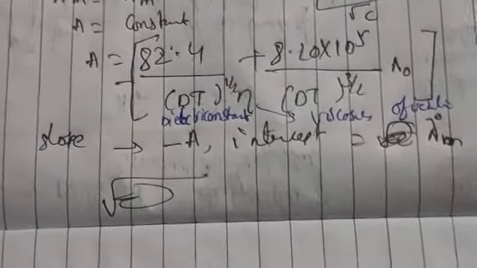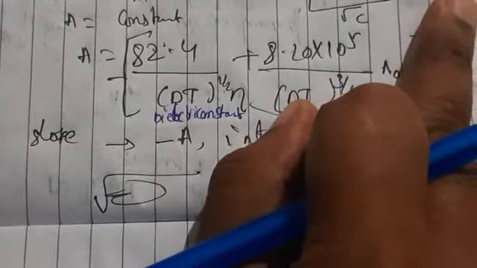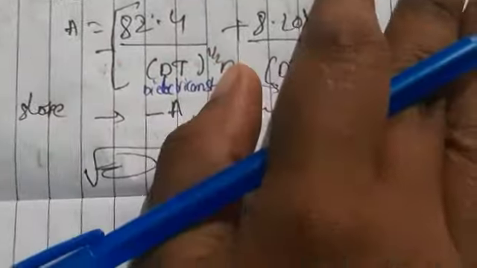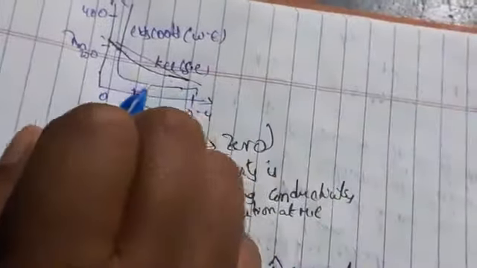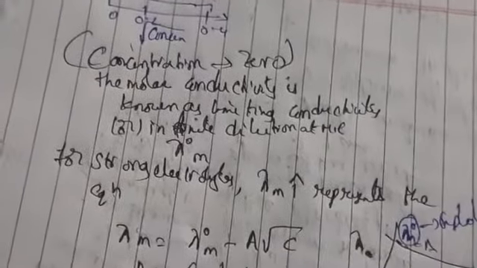Coming to weak electrolytes, what happens when we increase dilution? The variation is very high. If you observe the graph, near zero concentration the conductance is very low, but as concentration changes, the variation in molar conductance is very high. It increases sharply because of the decrease in interionic forces.